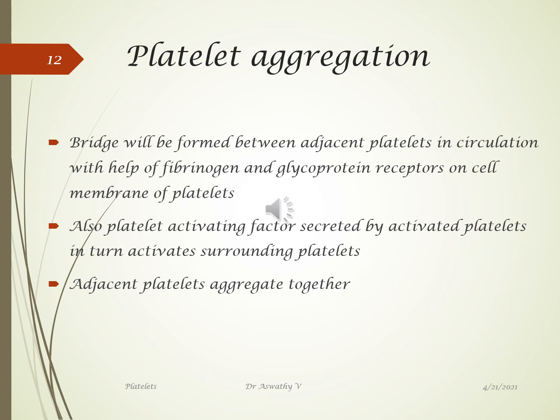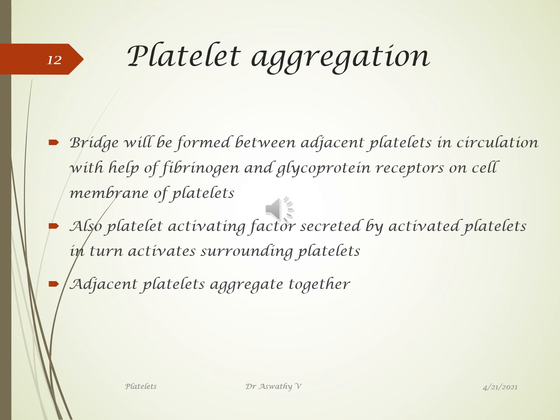We have discussed that the activated platelets get adhered to the collagen present in the subendothelium, and the activated platelets also activate other platelets in the nearby areas of the circulation. These activated platelets will club together, that is called platelet aggregation, and this clubbing is with the help of a protein called fibrinogen.